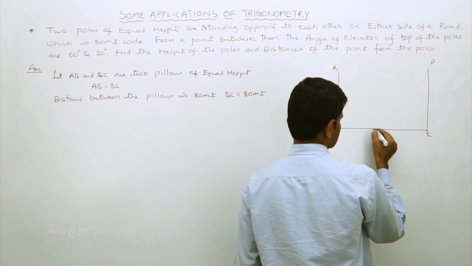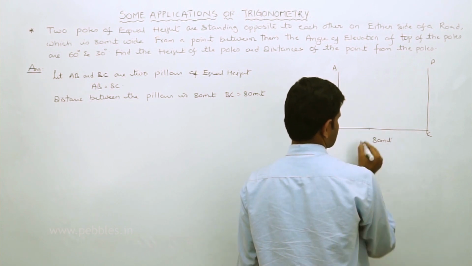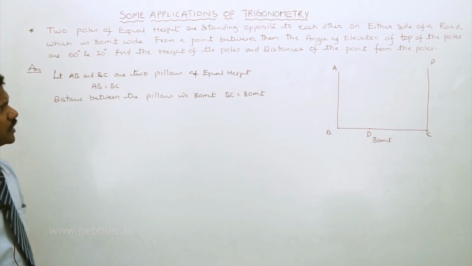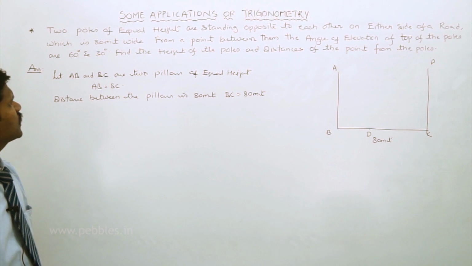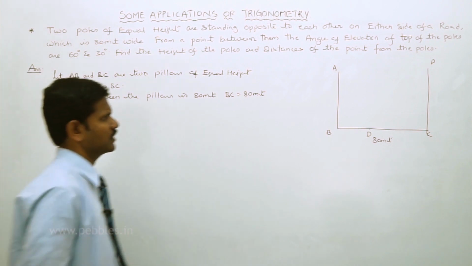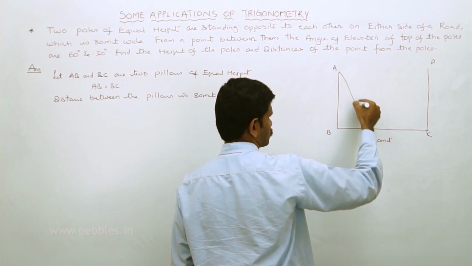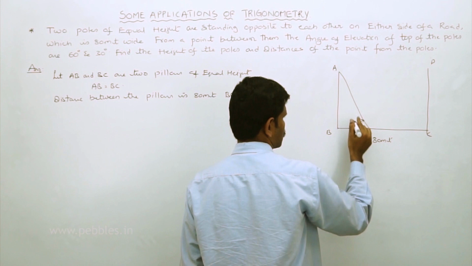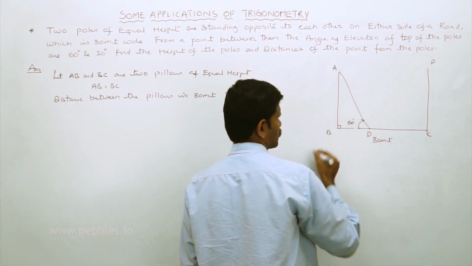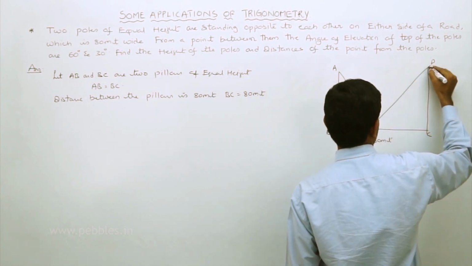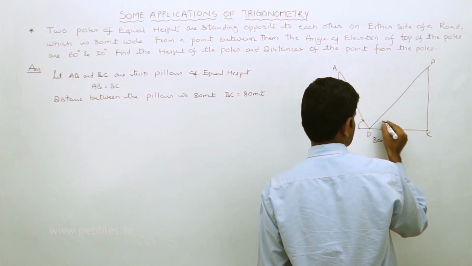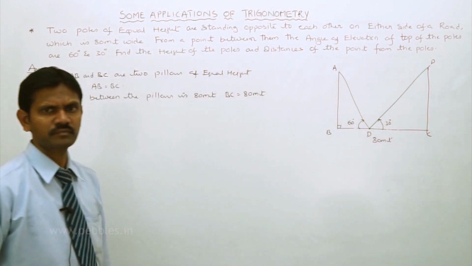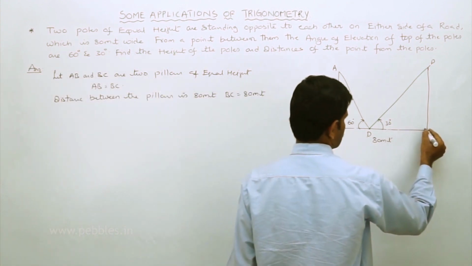Now let us consider D as a point in between. From this point, the angles of elevation of the tops of the poles are 60 and 30. This is 60 degrees and this is 30 degrees. This is the first information.